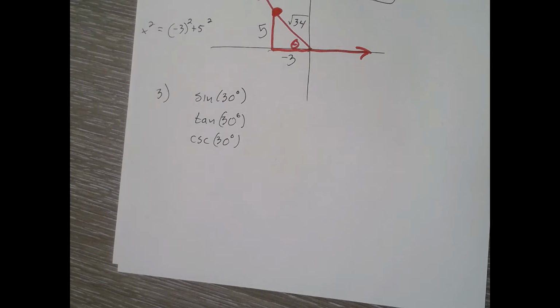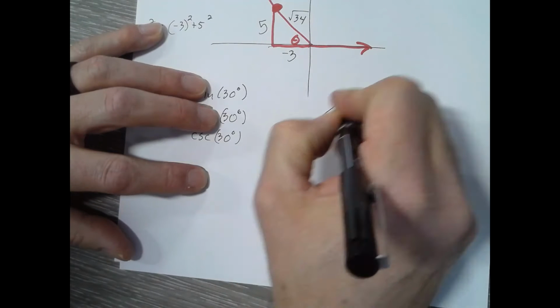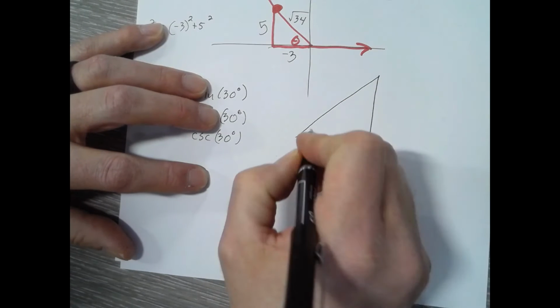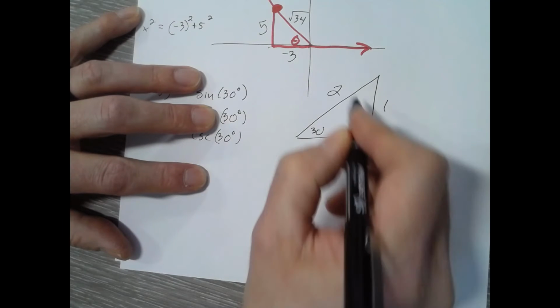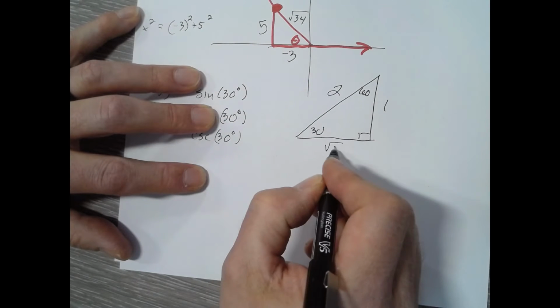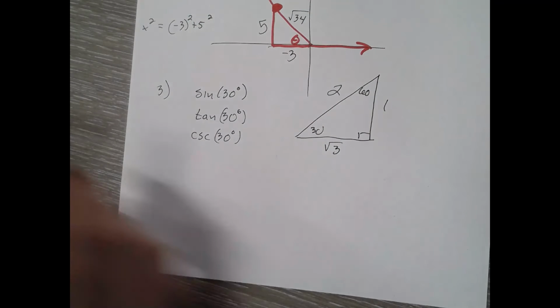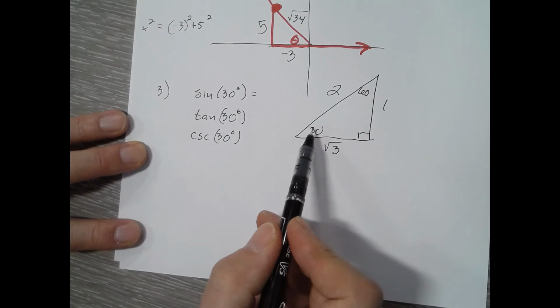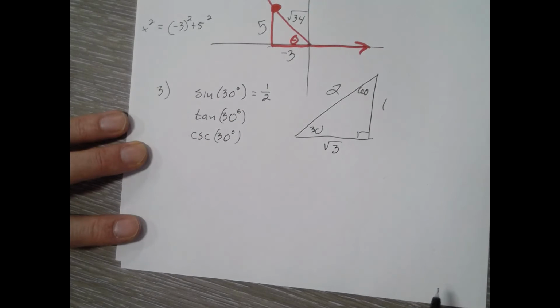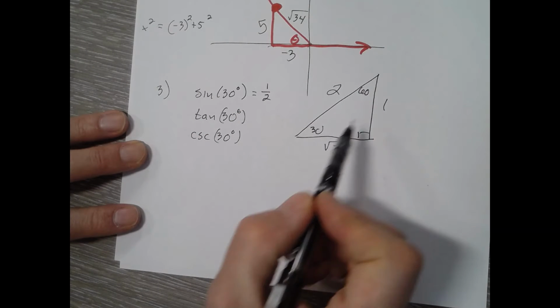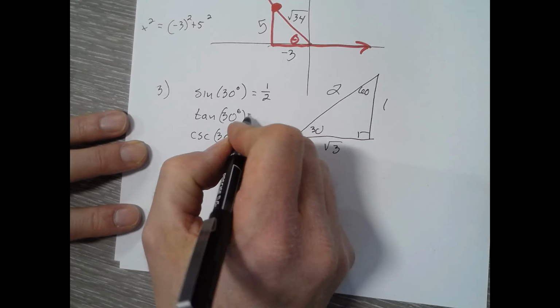Alright, so 30 degrees. Here's our special right triangle. 30 degrees, across from 30 is always going to be 1, the hypotenuse is going to be 2, and across from 60 is the square root of 3. So the sine of 30 degrees is the opposite over hypotenuse, so that'd be 1/2. The tangent of 30 degrees is opposite over adjacent, which is 1 over square root of 3.